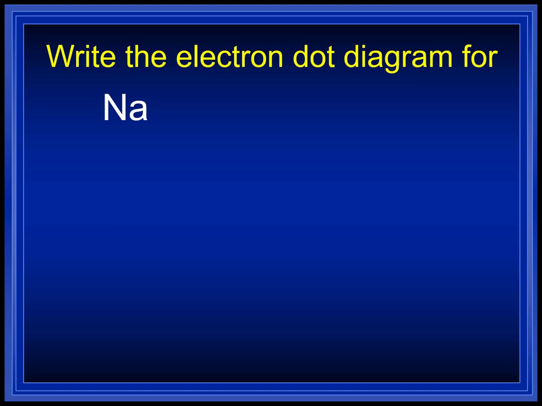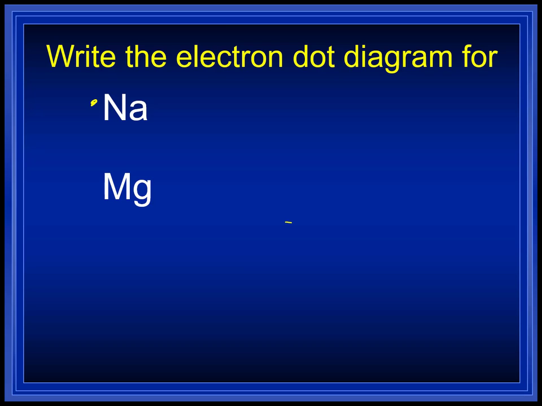How many dots? Well, Na is in group 1A, so it gets 1 dot. Where does that dot go? It doesn't matter. Go on any side. That's one possible answer. Could put it there just as well. Doesn't matter which side you put it on. Okay.